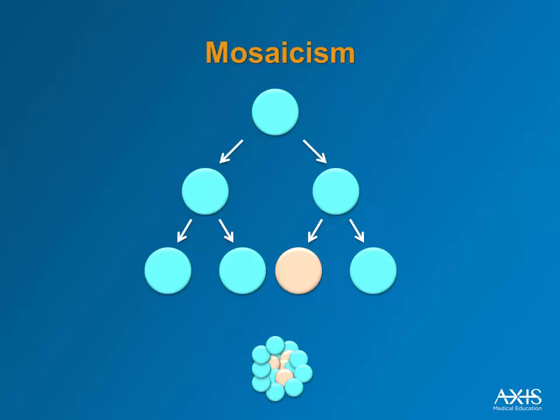Now, we have learned that a substantial number of individuals who are the founding affected member of their family are mosaics. A mosaic is an individual who is literally a mixture of cells with or without a mutation. And that happens when early in development, a mutation occurred in one cell, and the descendants of that cell then share that mutation, but other cells don't.